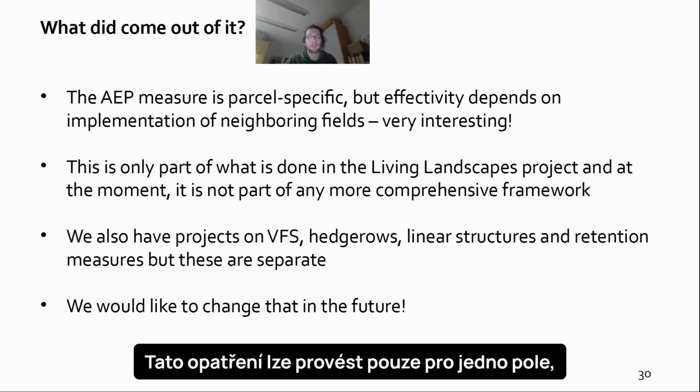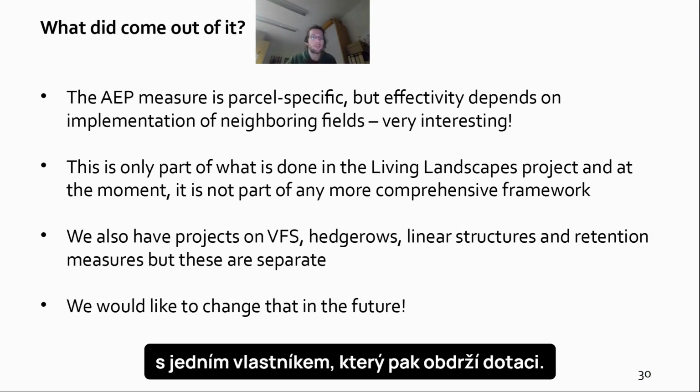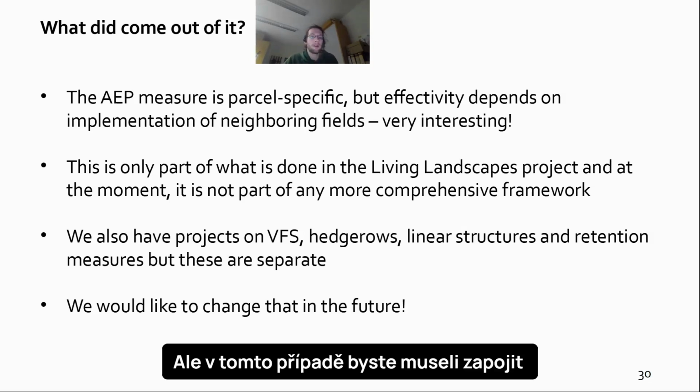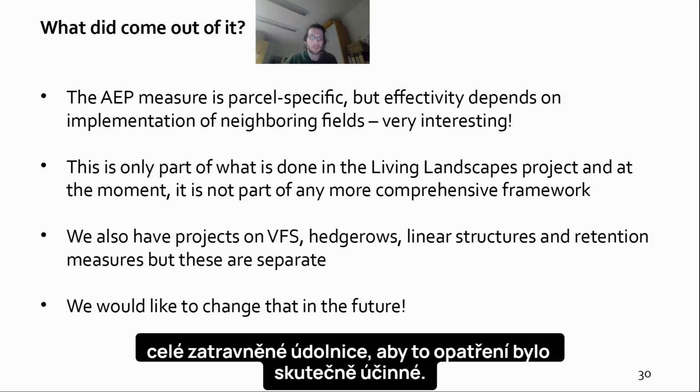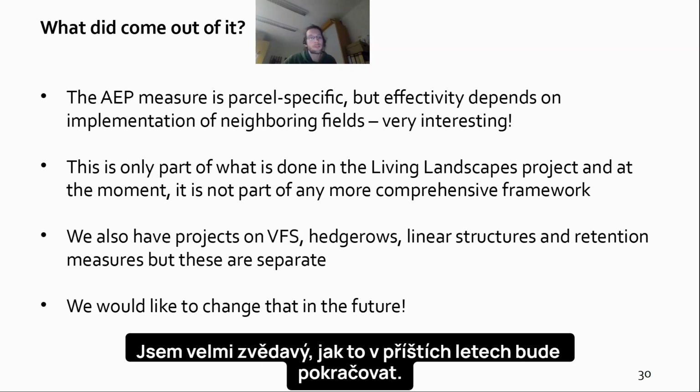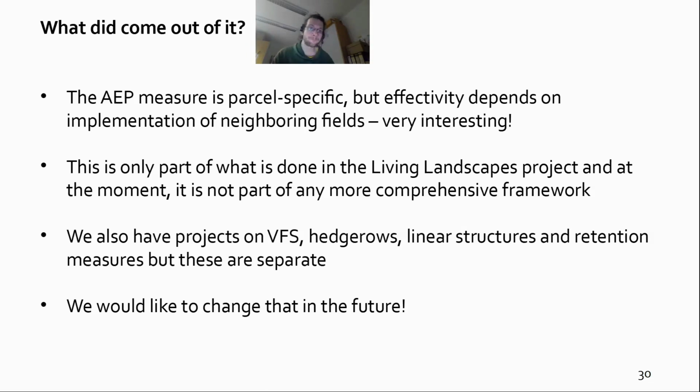You only can make these measures for one field with one field owner who gets the subsidy. But in this case, you would actually need to involve all the farmers or all the field owners along such a grassed waterway to really be effective. And I'm very interested to see how this turns out in the next years.